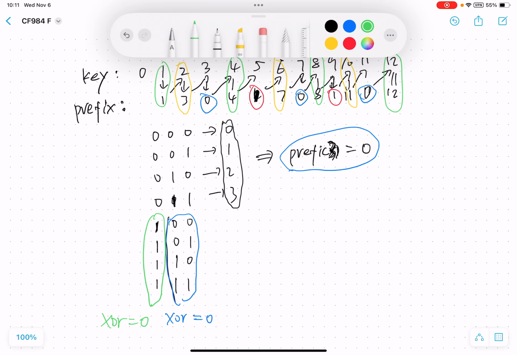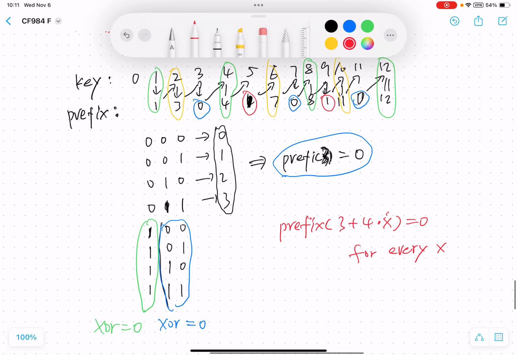So we get the answer: prefix 3 plus 4 multiplied by x equals 0 for every x. So for every 4 elements, there is always a 0.